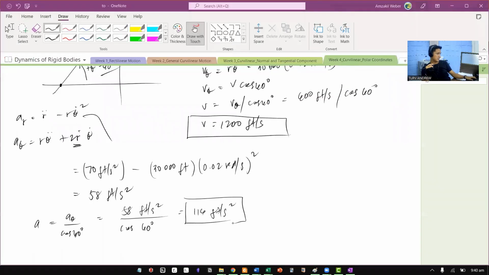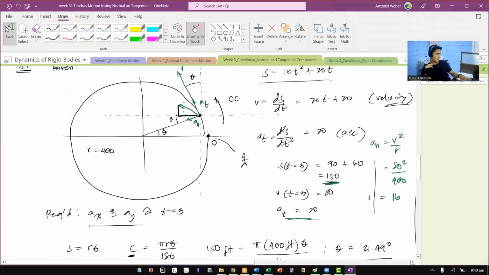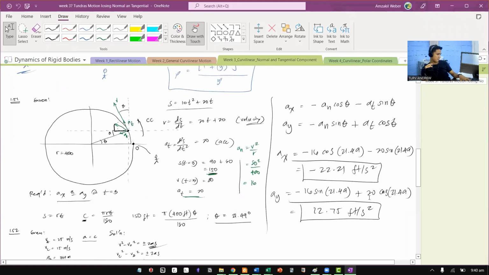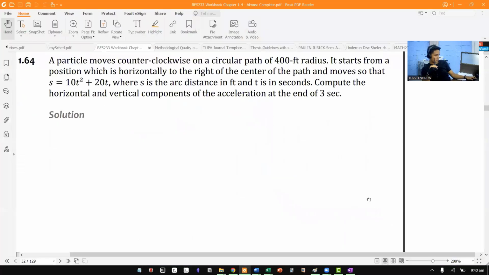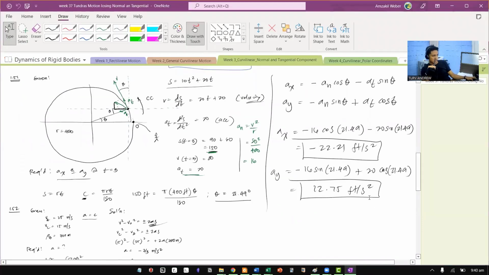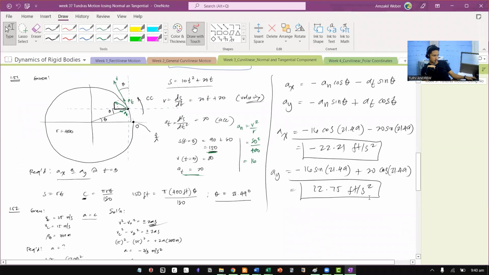Last time we saw this in the previous problem. The same exact question: compute the horizontal and vertical components of the acceleration at the end of 3 seconds.